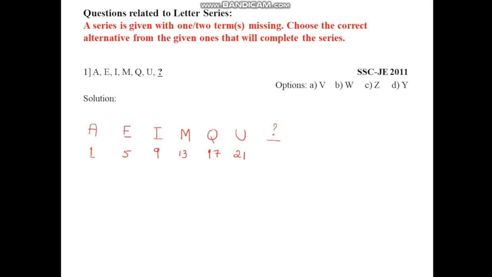A is 1 and E is 5, the difference is plus 4. So 5 plus 4 becomes 9, 9 plus 4 becomes 13, 13 plus 4 becomes 17, 17 plus 4 becomes 21. So the logic is plus 4.